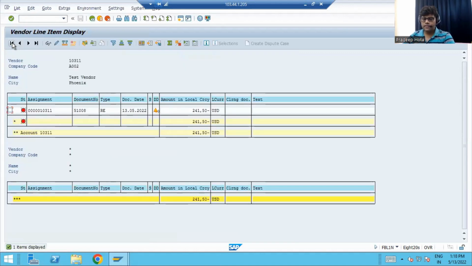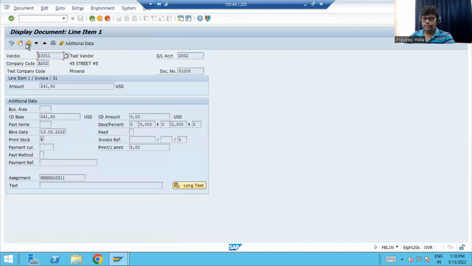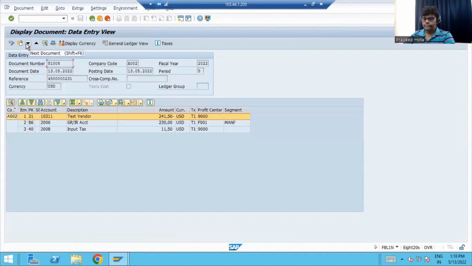So FBL1N. Right. So my vendor line item display, and this is my vendor invoice, and this is our accounting entry. Although it is wrong posting, but this is what the user posted in this document. So vendor credited, GRIR account debited 86, and input tax, that is purchase tax, that is also debited. Now for the same amount, we are going to process the GR.